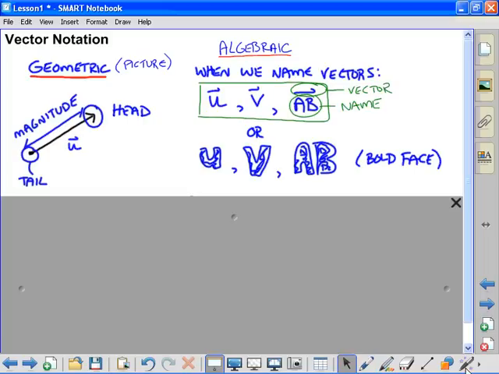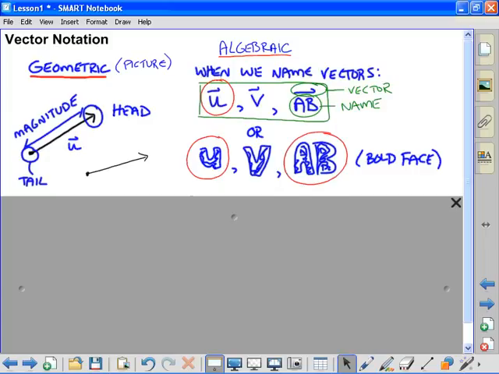So when you're reading your textbook, or you see something in the notes, and you see a letter with a harpoon on top, you know that you're referring to a vector. The other acceptable notation is boldface, but it's very, very hard for you to write in boldface. It's more of a textbook thing, because making something bold rather than putting a harpoon on top is a lot easier. So those are your two acceptable formats for the algebra, and if we're drawing it geometrically, we're drawing an arrow. Okay, so a vector simply looks like that as a picture.